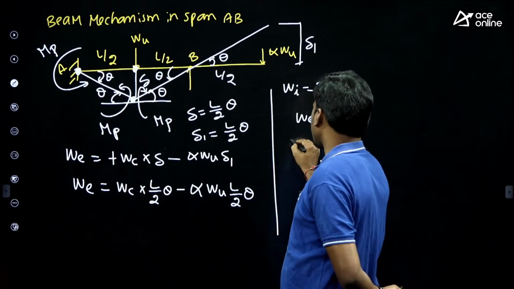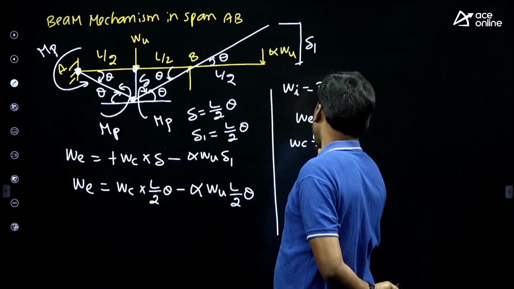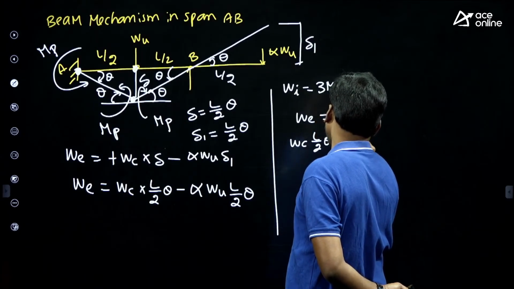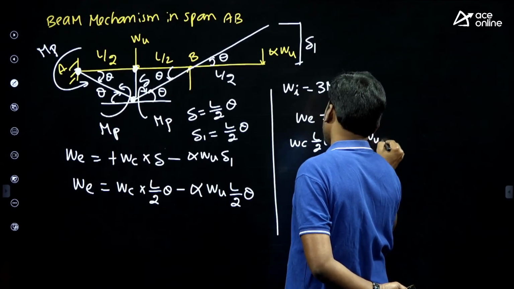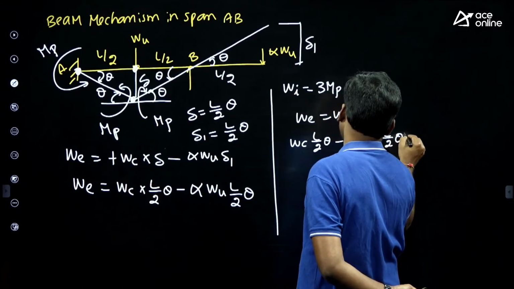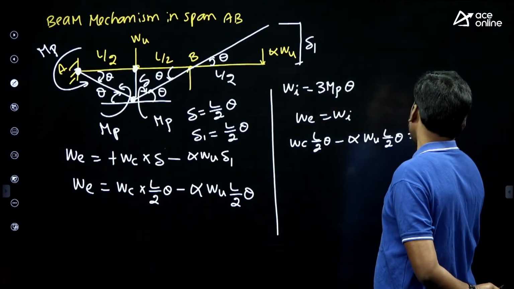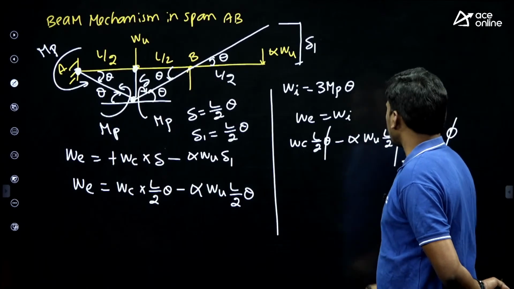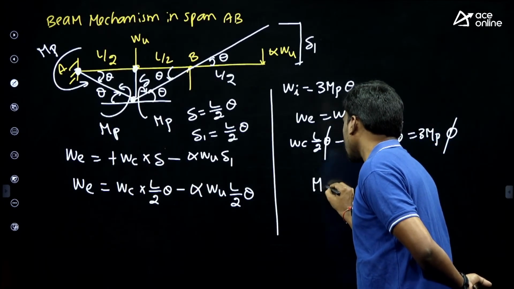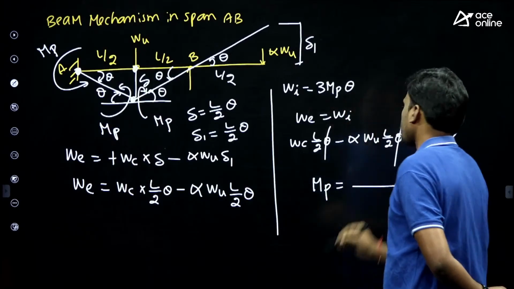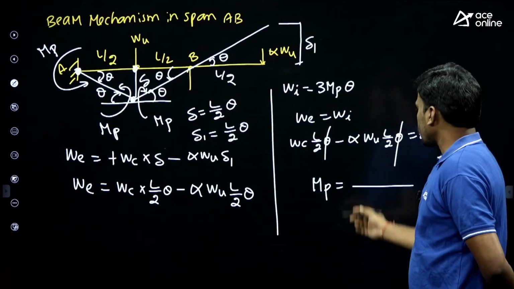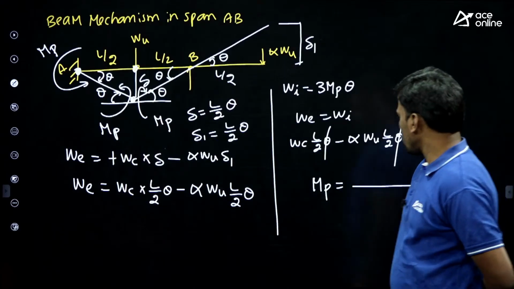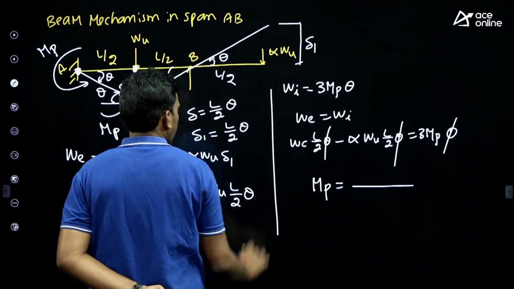So what is external work done? Collapse load L by 2 theta minus alpha collapse load L by 2 theta, and internal work done 3 MP theta. So theta, theta, theta get cancelled. Then from this equation, find the plastic moment. Okay, just you do this calculation.